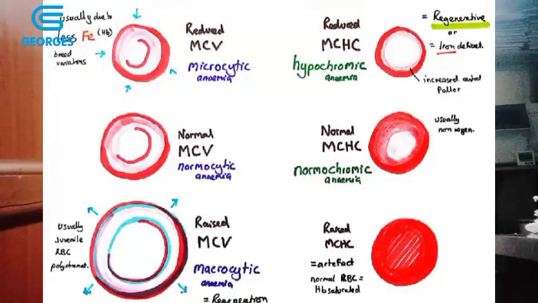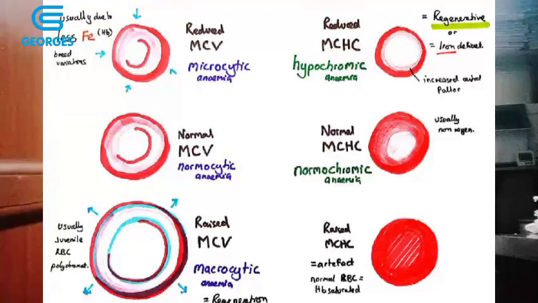By the way, you can have some types of anemia in relation to MCV and MCHC. Normochromic was normal MCH, hypochromic was low MCH, and hyperchromic was high MCH. So in a situation whereby we want to correlate the MCV to the MCHC, we can have normocytic normochromic anemia. What is that? Normocytic meaning that the MCV is normal, and it is also normochromic, meaning that the MCHC is also normal.